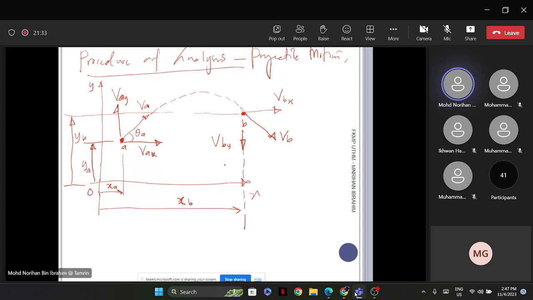Normally they will give you the problem with the appropriate figure, so that from that you can do the illustrations, identifying the initial and final velocity, the horizontal distance and also the vertical distance at A and at B. A is the initial position. B is the final.